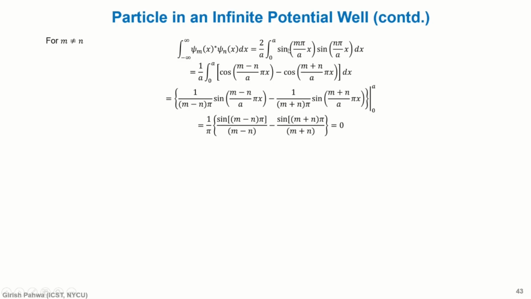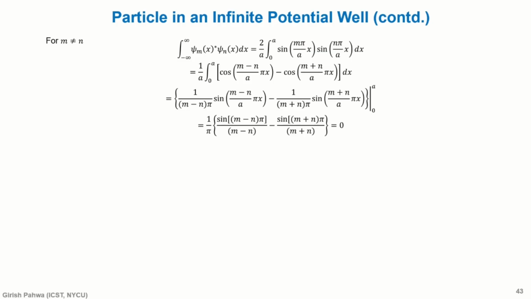Now sine of some quantity into sine of some quantity, so it's like sine of capital A into sine of capital B, and there is a 2 also, so you can put 2 here as well. So 2 sine A sine B. Do you remember a trigonometric identity from which you can obtain this? 2 sine A sine B. What's the formula?